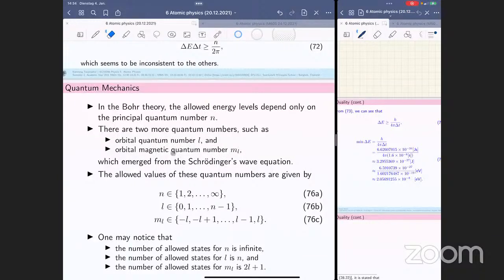All these two new numbers came from the Schrödinger's wave equation. We will not get into the detail of the Schrödinger wave equation because it's beyond the scope for you at the high school level; in order to study it, you need to have some skill in calculus.